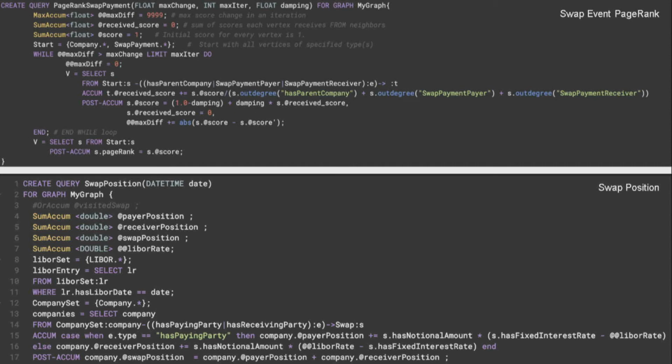It's getting baked into C++ and running specifically. You'll note that if you look at that PageRank algorithm, from top to bottom, it's 17 lines, of which about 12 are the actual PageRank logic. So a very efficient algorithm. And a sample below that is how I'm computing the swap positions in the different transactions, also using GSQL.